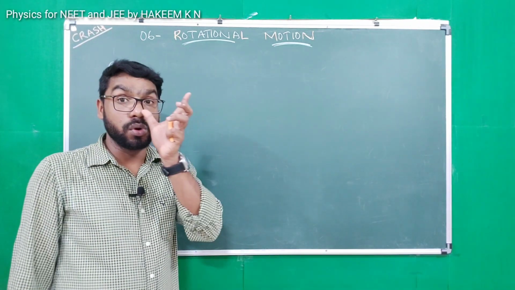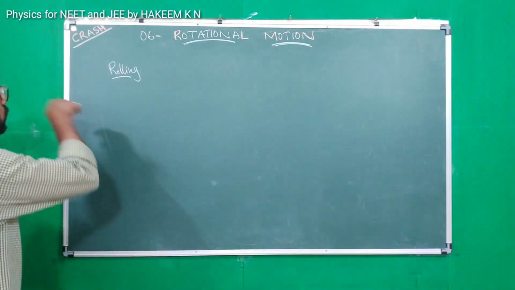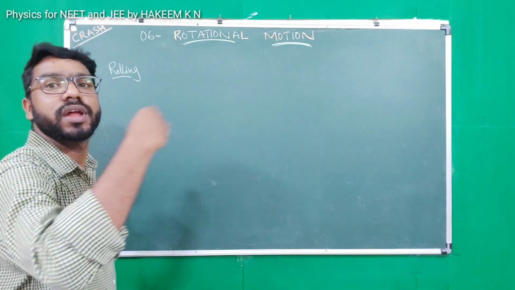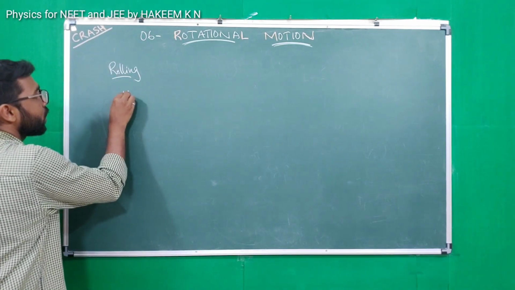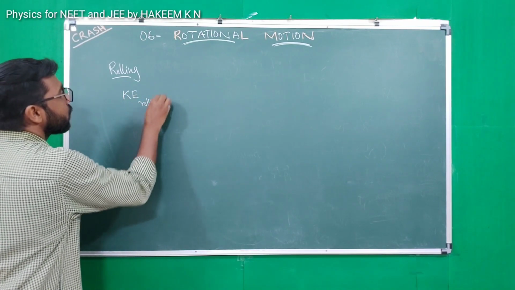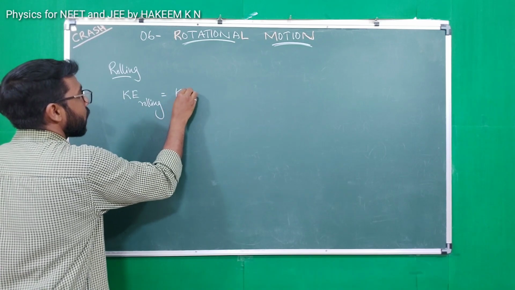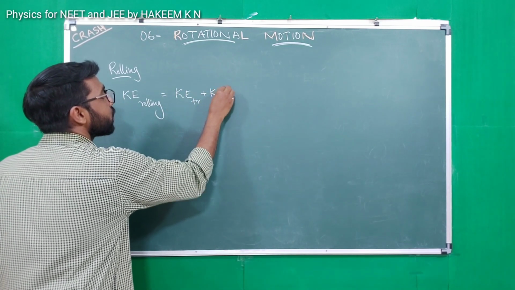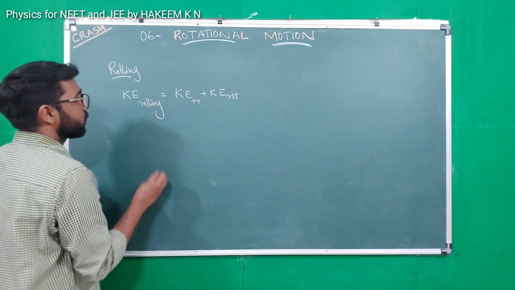And next one, rolling motion. Rolling motion is the combination of translational motion and rotational motion. So kinetic energy of rolling equal to kinetic energy of translation plus kinetic energy of rotation.